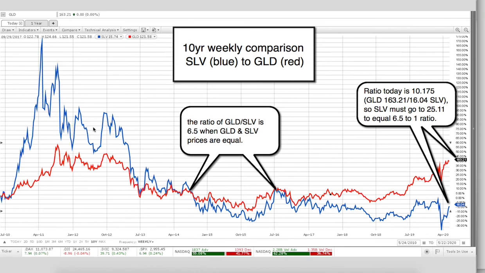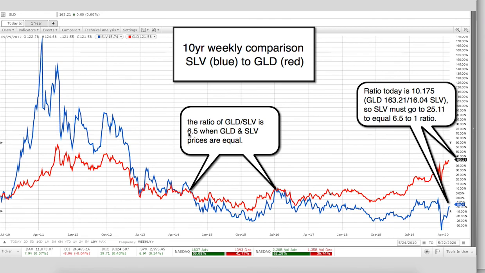The reason I'm picking that is this is a 10-year weekly comparison of silver using the ETF SLV, which tries to capture the silver spot price by buying silver bullion in the ETF and holding it. Whenever they're equal, that ratio is about 6.5.